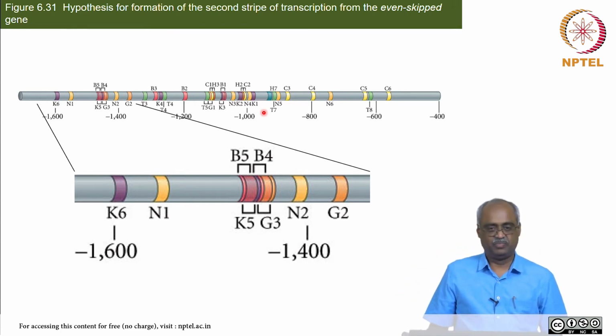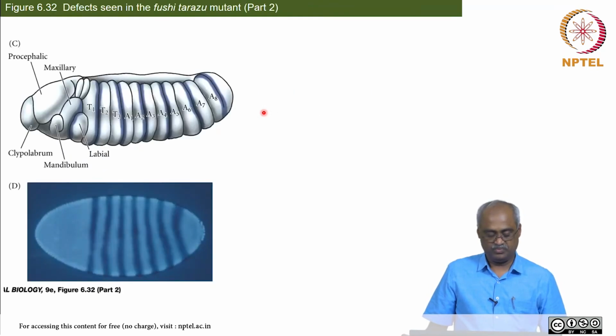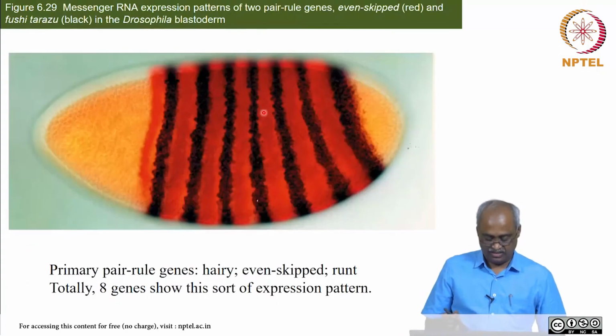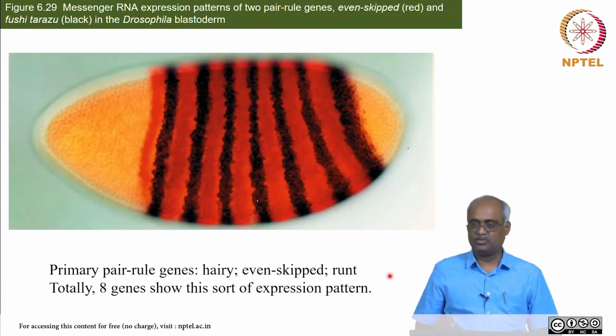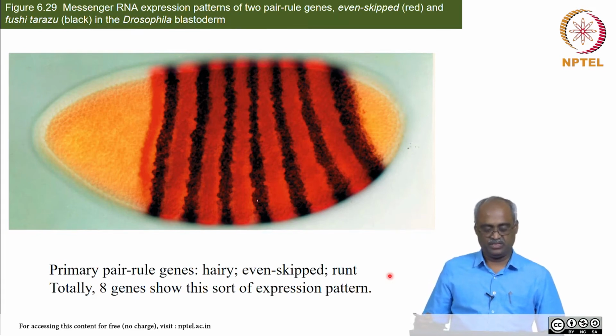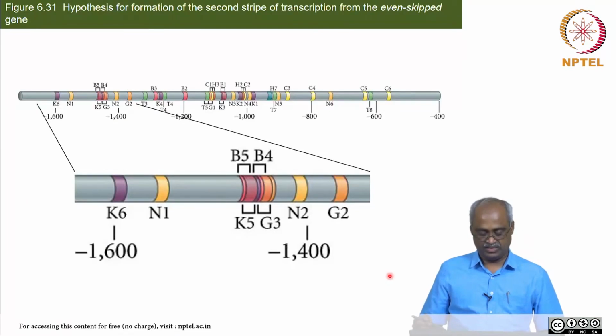So, that is about pair-rule genes, and some of these pair-rule genes activate late pair-rule genes. Remember, out of the 8 we talked about, 3 of them are the early ones, the primary ones, and then the 5 are activated later, and one of them is Fushi-tarazu. So that we are seeing here.